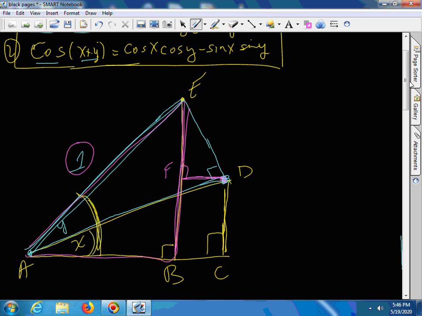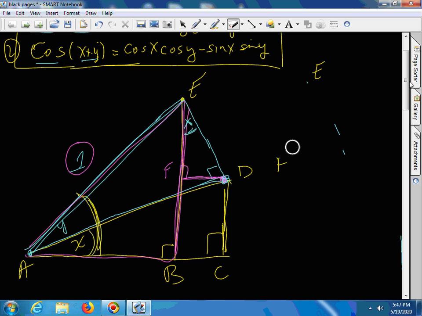Now, I claim, and I'm going to prove it, that this angle right up here is angle X. Now, let us look at this triangle at the top right. No, I'm mistaken.